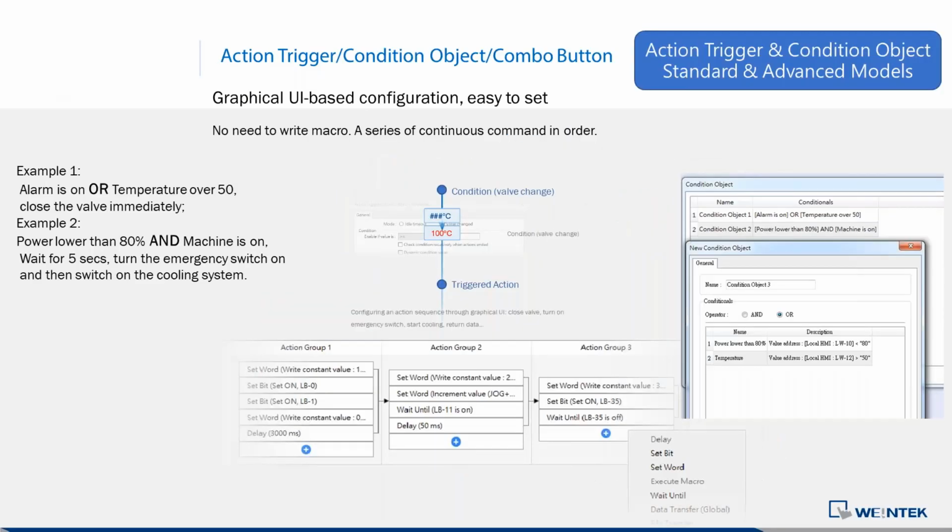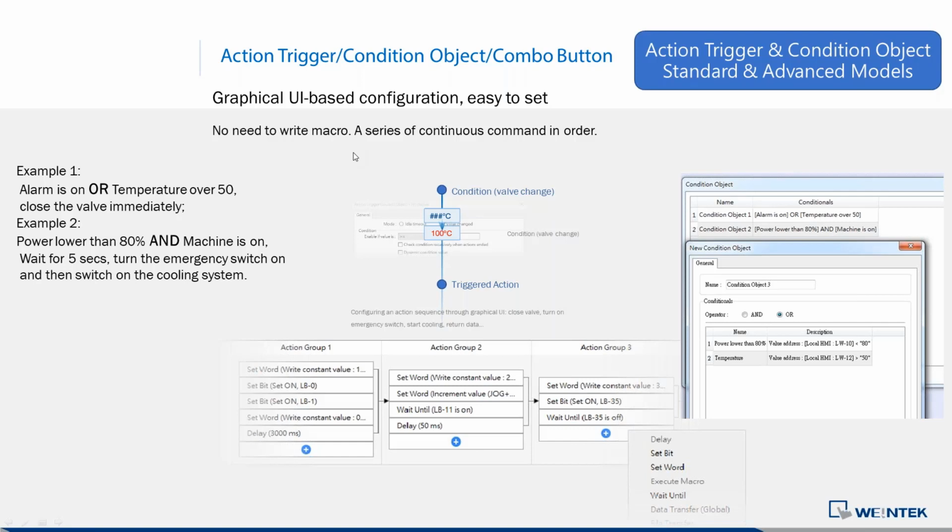All right. And the next part has three features: action trigger, condition object, and combo button. These three objects are to help users who are not familiar with programming, because some people are not very familiar with writing programming code.